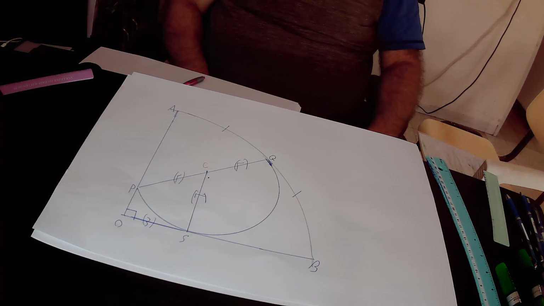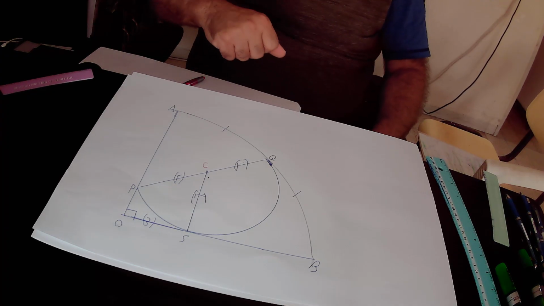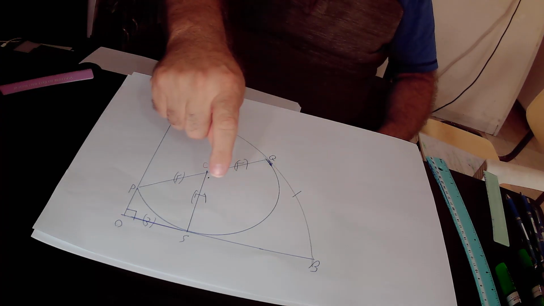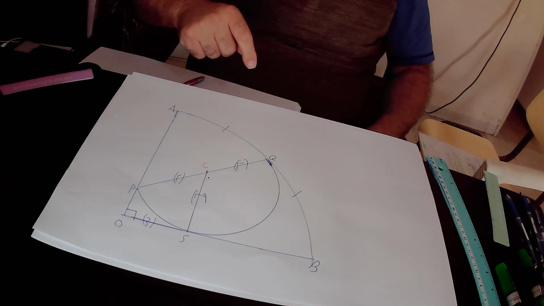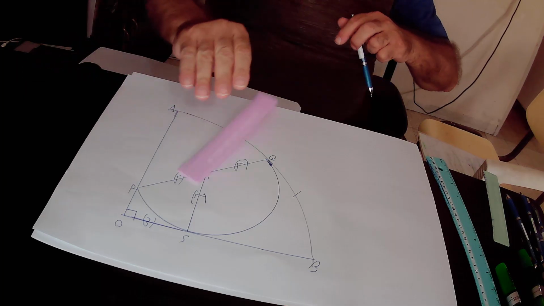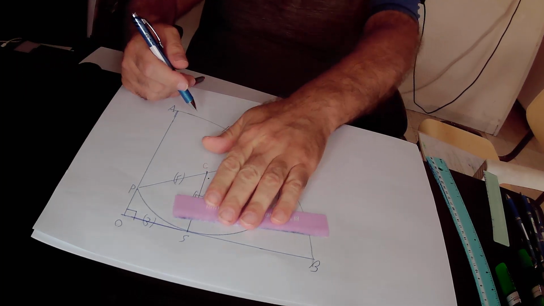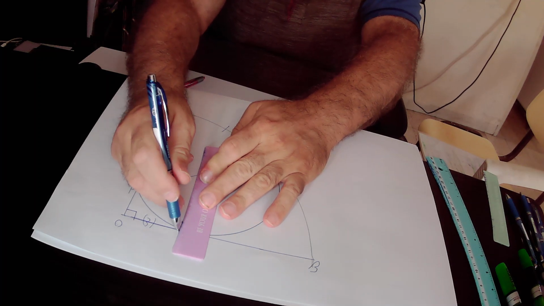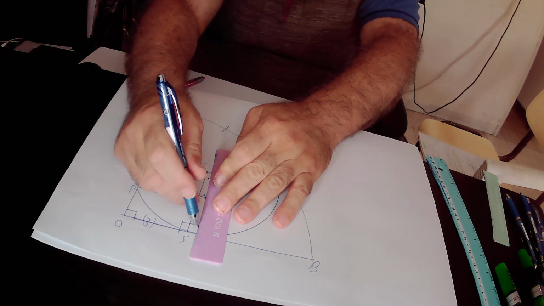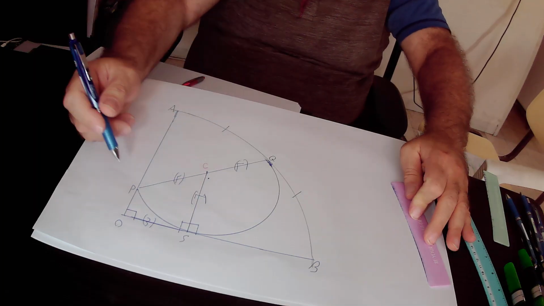And since the radius is drawn to the point of tangency, the tangent OB will be perpendicular to the radius SC. OB is perpendicular to SC. It means that this angle equals 90 degrees, and this angle also equals 90 degrees according to rule 1.